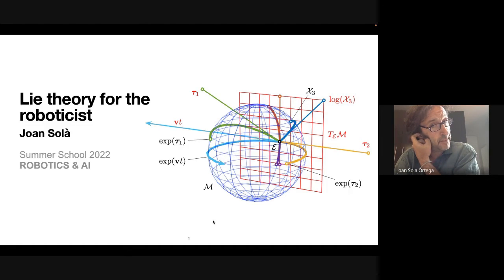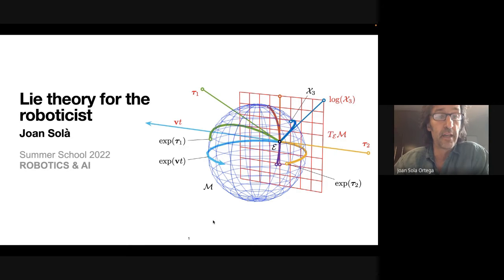Lie theory for the roboticist means that from all the material available in this theory, which is very big and used in quantum physics, particle physics, and a lot of other disciplines in science, where they use it at full capacity, we use a very small subset. The good thing is that through some notations and shortcuts, we can make very nice analogies between the elements of this theory and what we are used to working with in vector spaces.